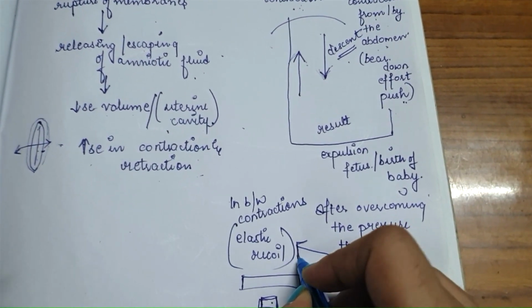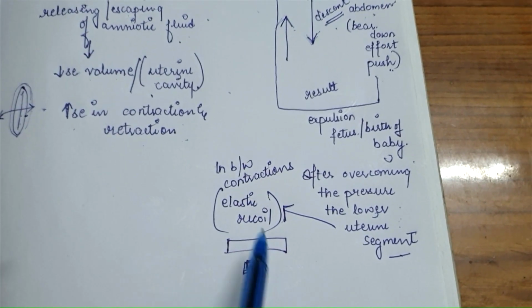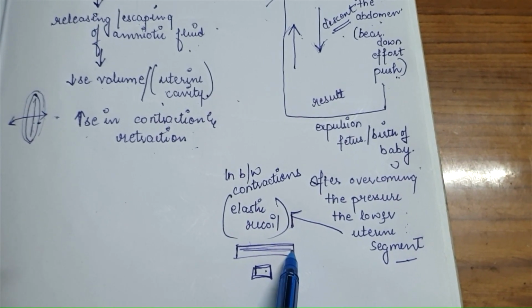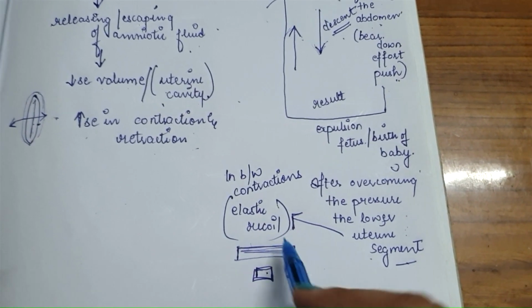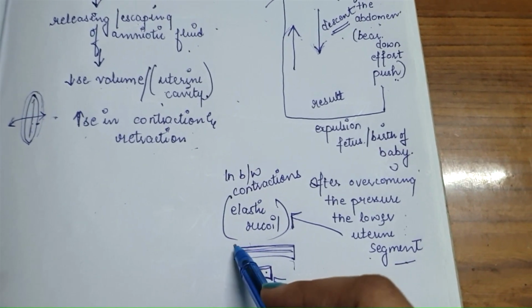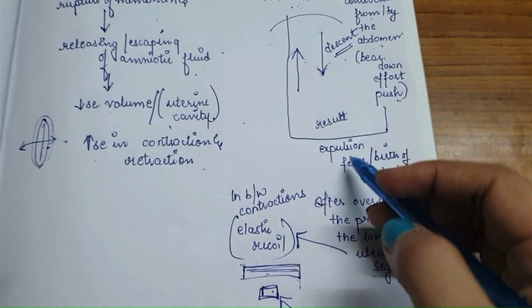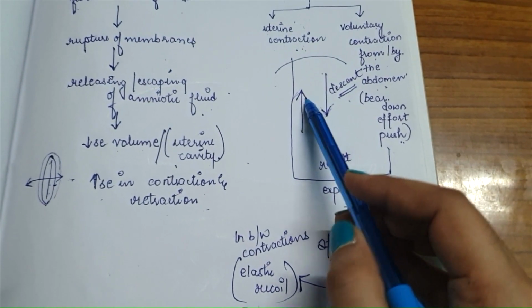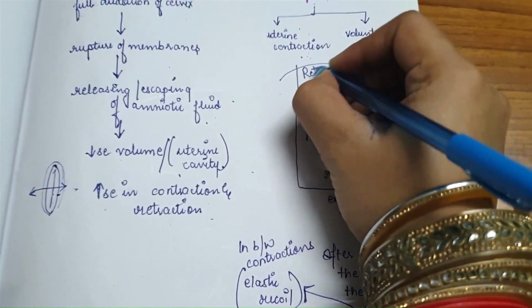The meaning of elastic recoil is coming back to the normal position after stretching. So when there is relaxation, the lower uterine segment muscles try to come back to their normal position after the stretching. Due to this, there may be a backward pushing of the baby, which is actually prevented by retraction.